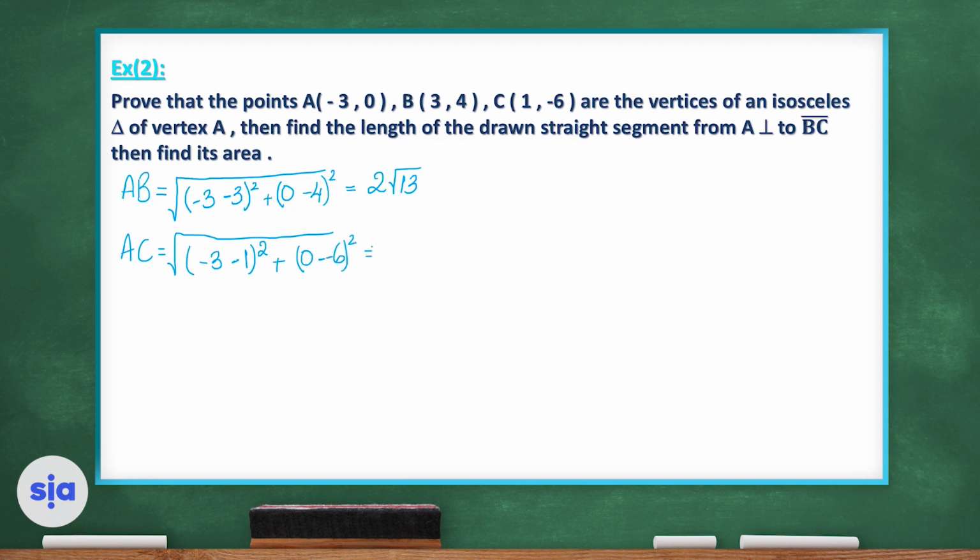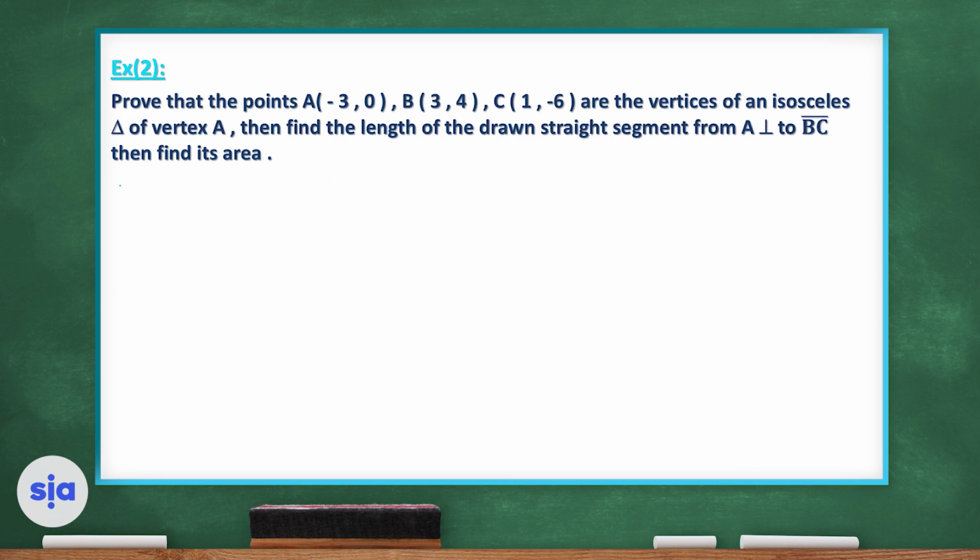In this case, the result is also 2 root 13. As long as AB is equal to AC, then triangle ABC is isosceles at A.